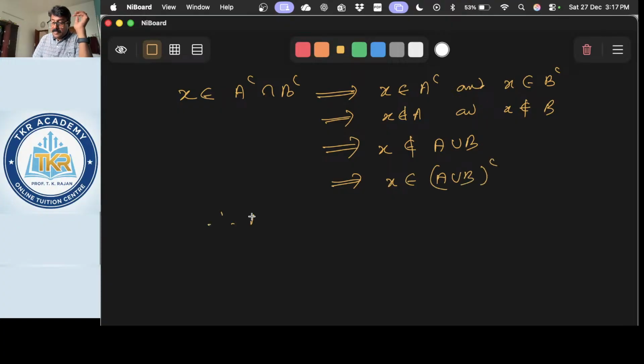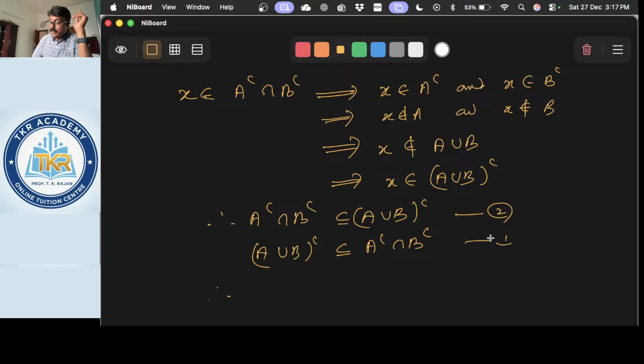And therefore, A complement intersection B complement is a subset of (A union B) complement. Previously, we proved (A union B) complement is a subset of A complement intersection B complement. And therefore, from these two, you can see that (A union B) complement is equal to A complement intersection B complement.